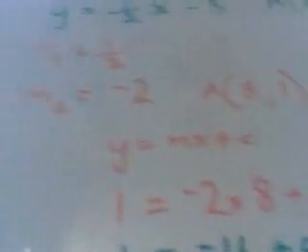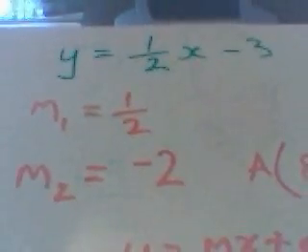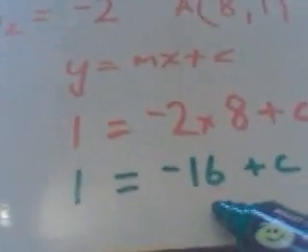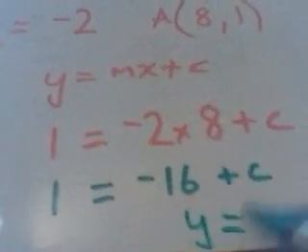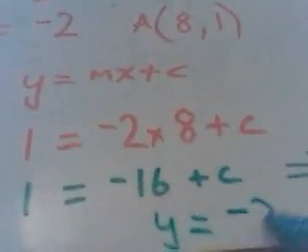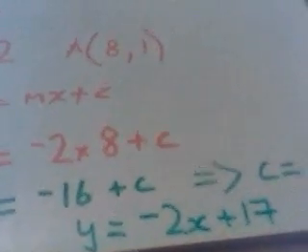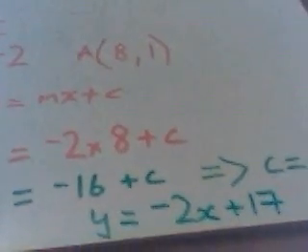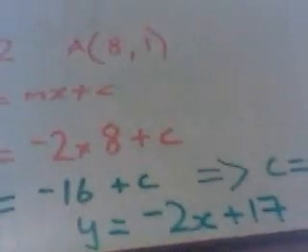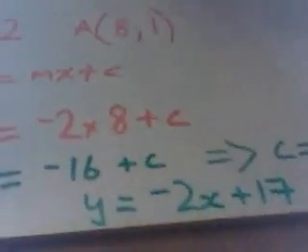So the equation of the line perpendicular to y equals half x minus 3 is y equals -2x plus 17. Now this skill is used a heck of a lot when you do differentiation and finding out normals to tangents.